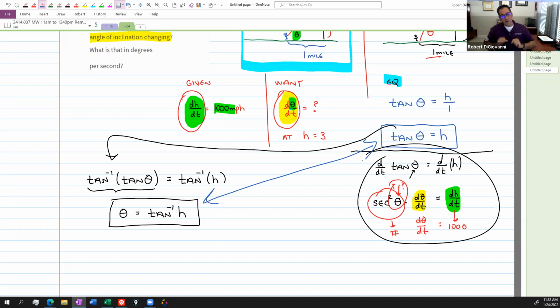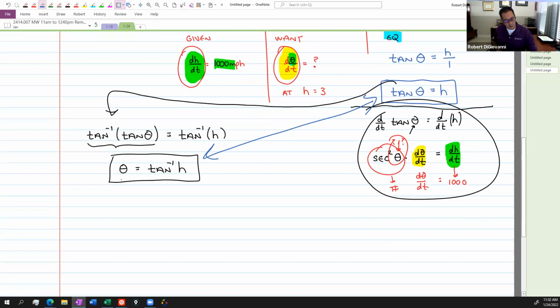Now differentiate with respect to time. So what would the derivative on the left side be with respect to time?